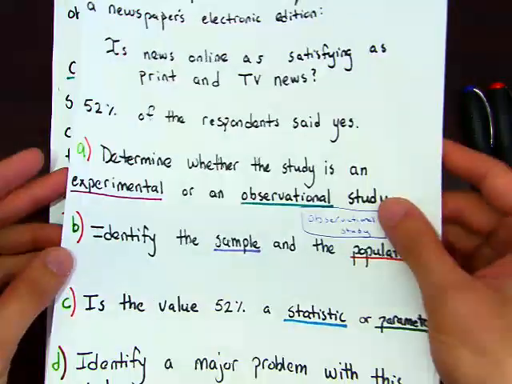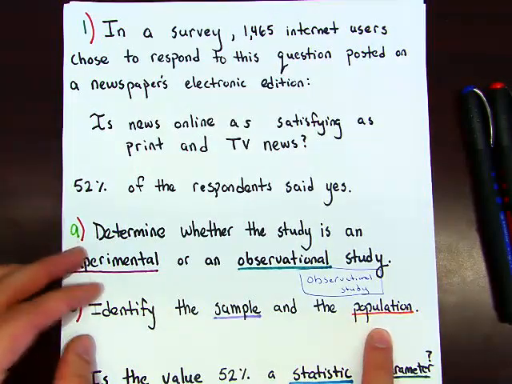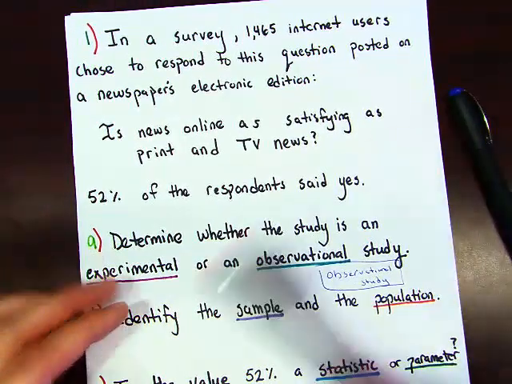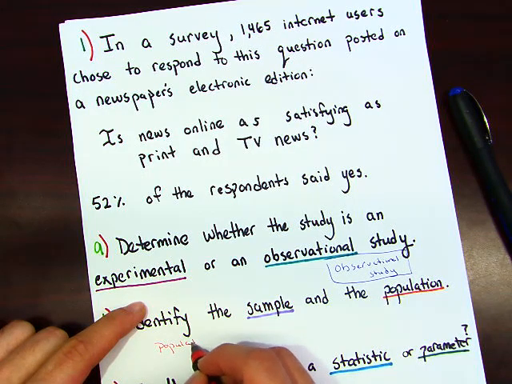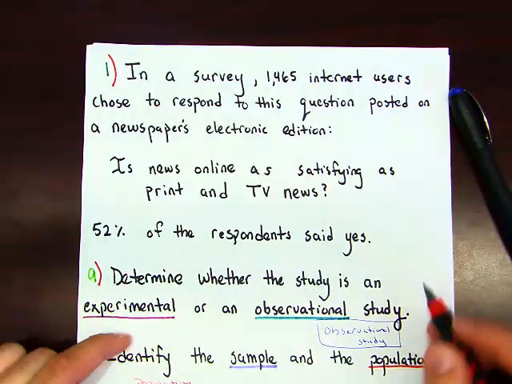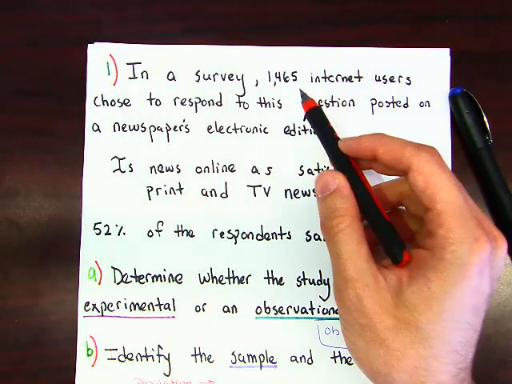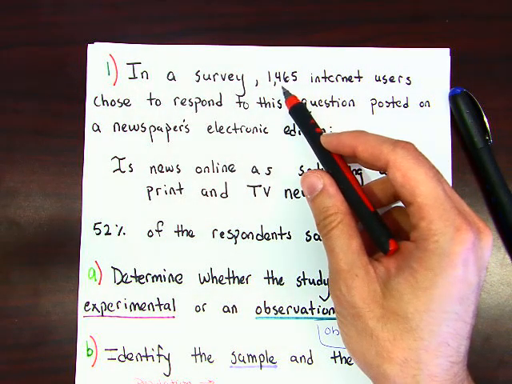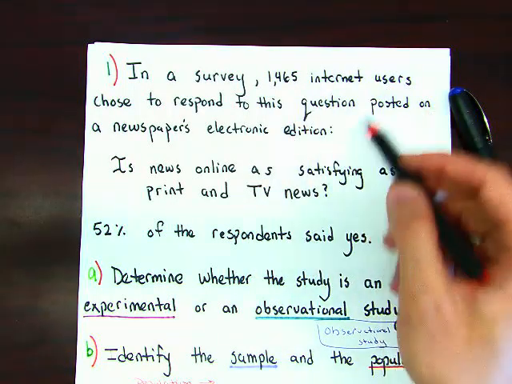So here, identify the sample and identify the population. For some reason, this always gets a lot of people tripped up. It's very easy to say, well, what's the big picture here? The 1,465 internet users, this is the major thing, right?